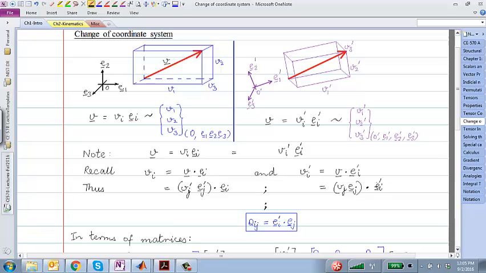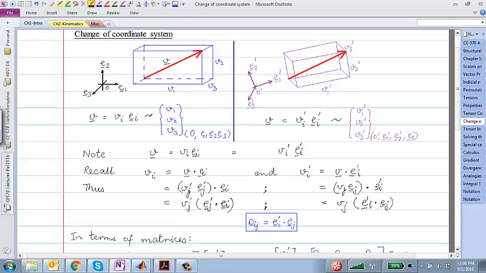Okay. And now I can rearrange this expression by just writing it in terms of vj prime, and let me write ej prime first. So ej prime dot with ei, and on the right hand side I have vj, and in the brackets I have ei prime dot with ej.